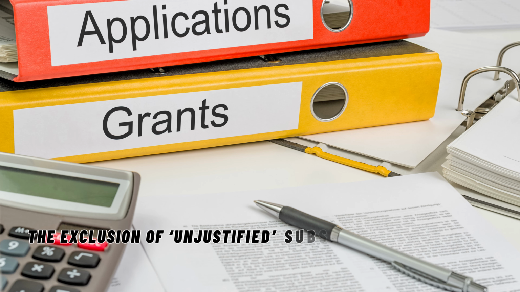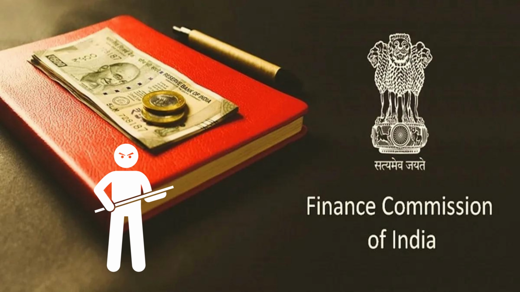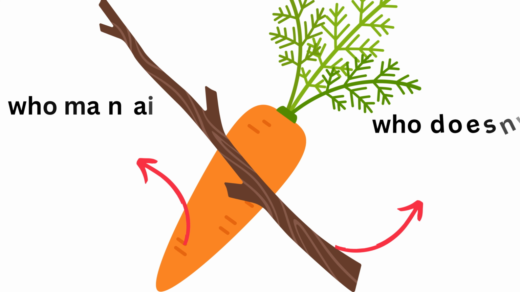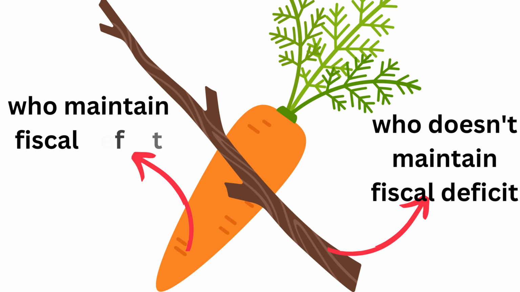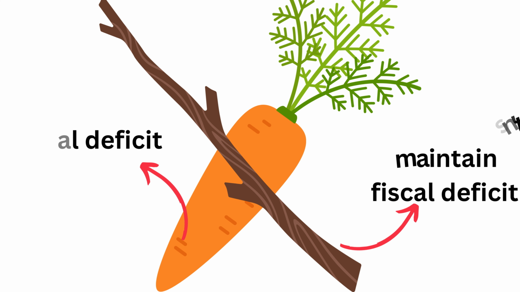The exclusion of unjustified subsidies while determining grants should be avoided, and make sure the Finance Commission is not caught in political crossfire. The Finance Commission should be strict about states maintaining fiscal deficit within limits. It should provide carrots to states maintaining fiscal deficit and sticks for those that exceed fiscal deficit limits.